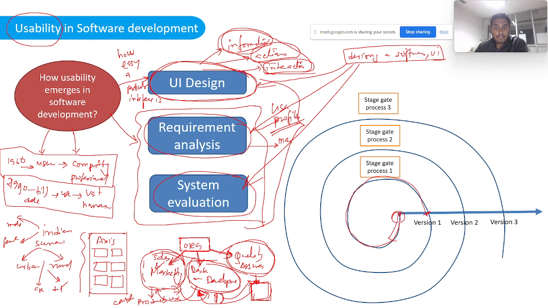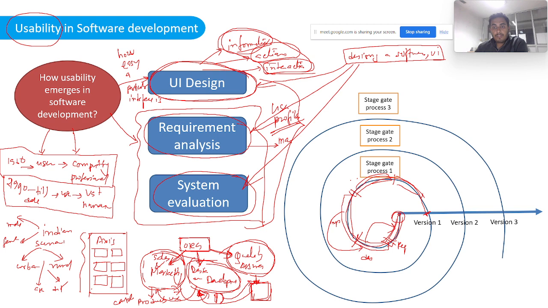now we cannot have a linear process, which is like requirement analysis, requirement design, and implement and evaluation. Rather, we need to have a more holistic approach, where we need a design process where there are iterations between different stages.